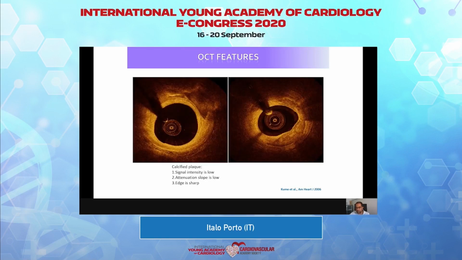With calcium, you see the edges quite clearly. So you see sharp edges, signal intensity is low, and signal does not attenuate as fast as it does in lipid plaques. Again, this is calcium. You can clearly see the sharp edges.